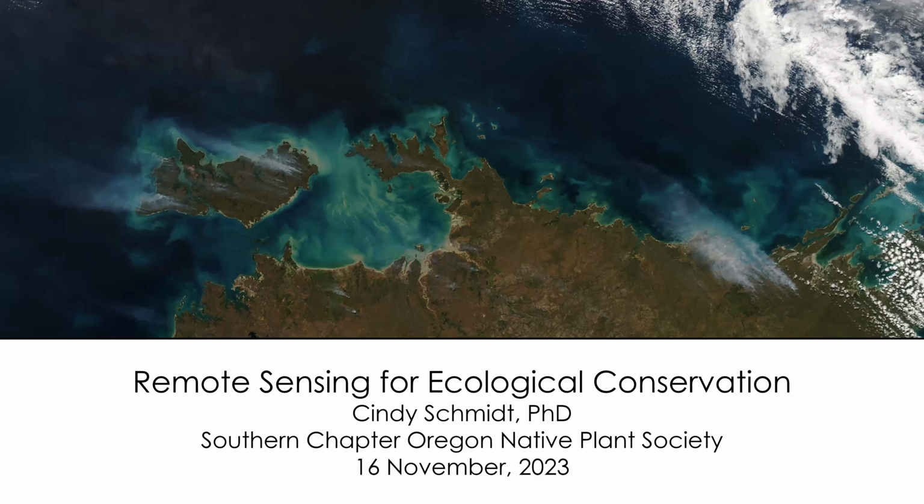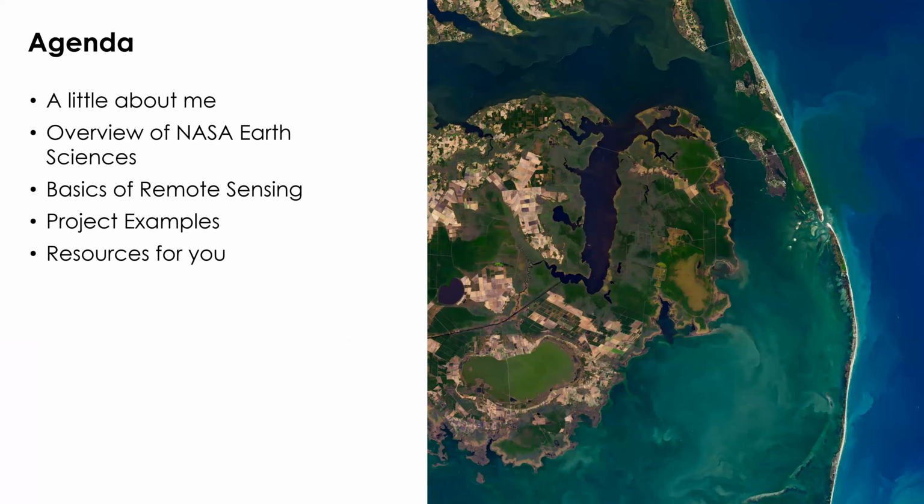As Willard mentioned, I will be talking about how NASA uses remote sensing, so satellites basically, for ecological conservation. What I'm going to do in the next maybe 45 minutes or so is talk a little bit about me and my background, and then talk a little bit about NASA Earth Sciences, because a lot of people don't even know that NASA does Earth Science, so I always like to start off with that.